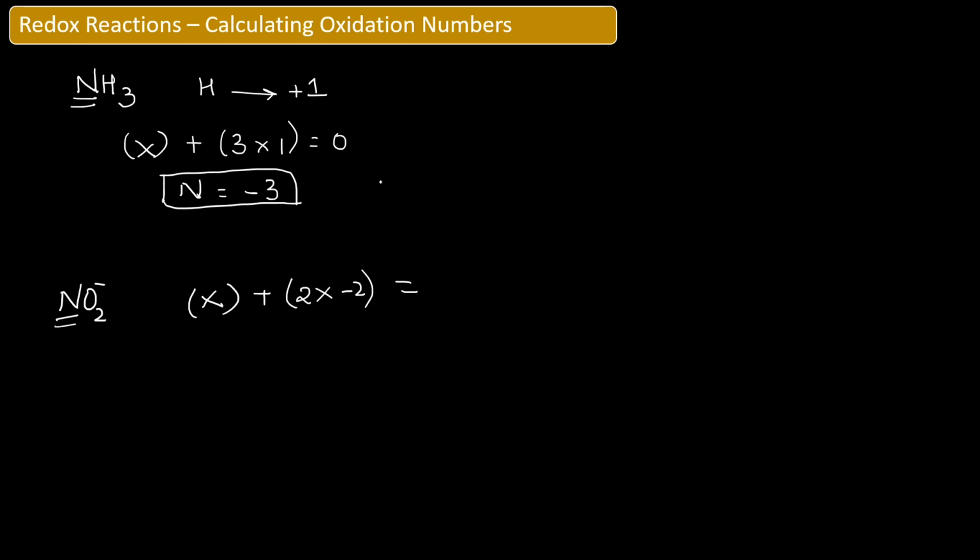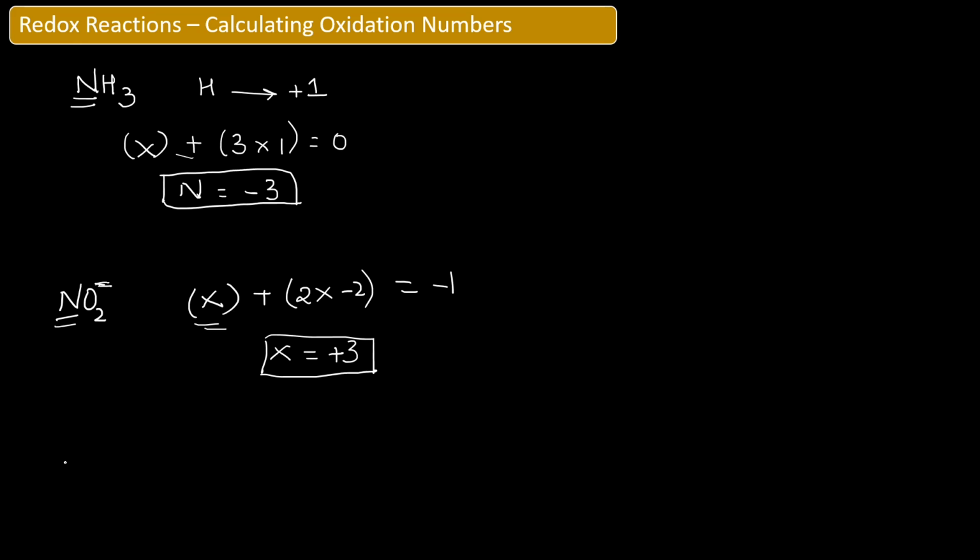But here the total is not 0, because this has a charge of -1, so this should give rise to -1. If we calculate the value of X, we see that X would be +3. So in an NO2 minus ion, the oxidation state of nitrogen would be +3.